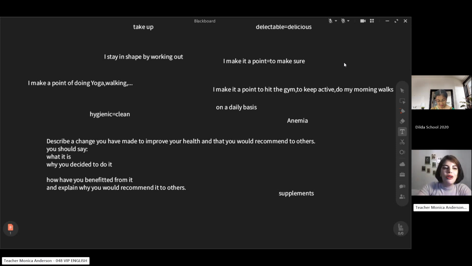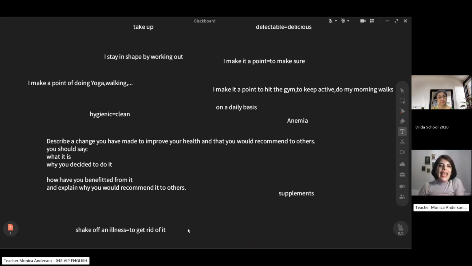Okay, so for example, shake off an illness. So that means to get rid of it. For example, I need to take medicine because of anemia.